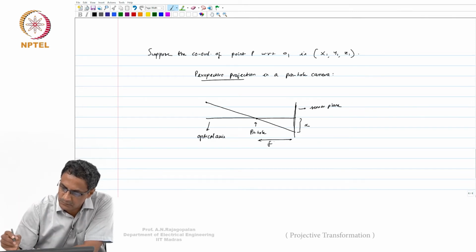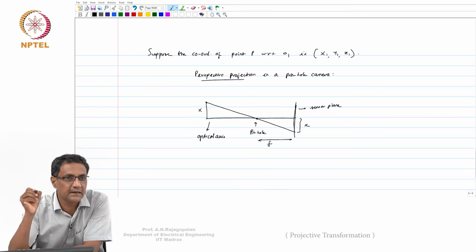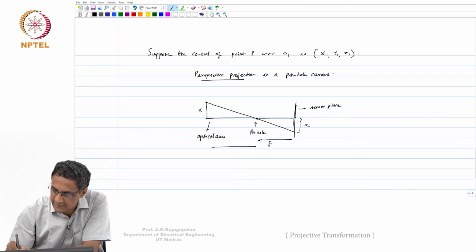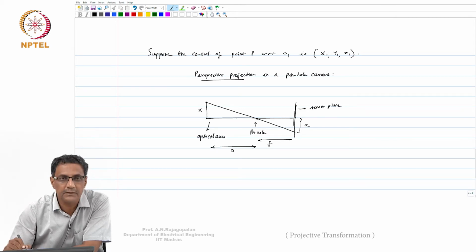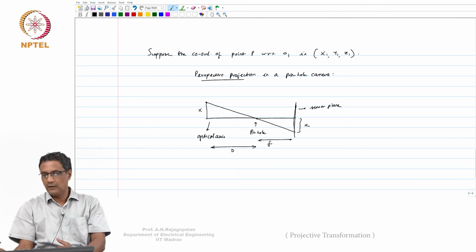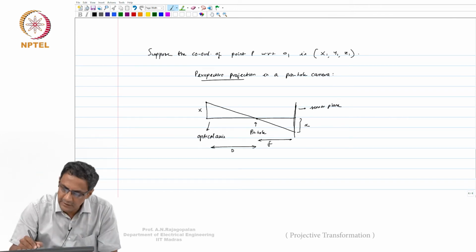With respect to the center, this point is at capital X, and at a distance d from the center of the camera, which is the aperture or the pinhole. Here is your 3D scene point.